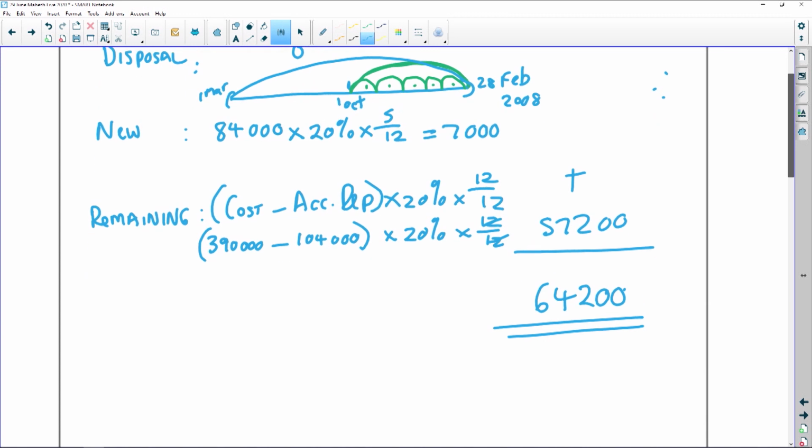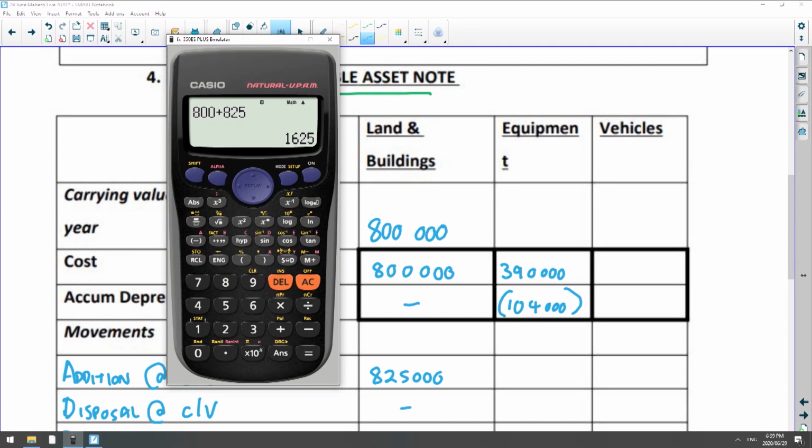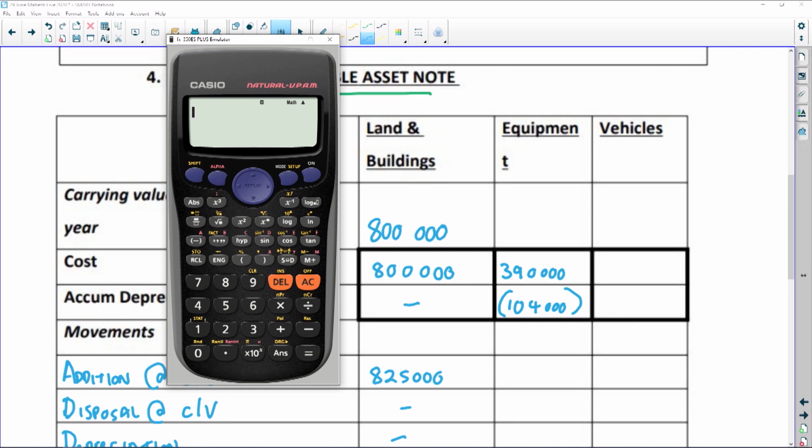Let's just fix that. So equipment cost at the beginning of the year, 390,000. And in brackets, guys, please remember the brackets, accumulated depreciation 104,000. So cost minus accumulated depreciation at the beginning of the year gives the carrying value: 390,000 minus 104,000.